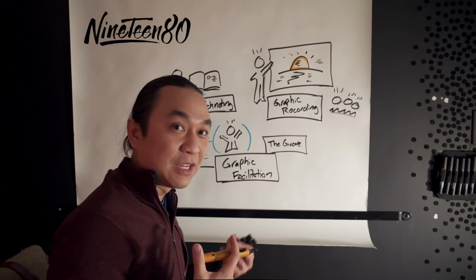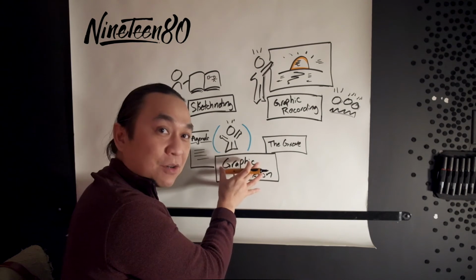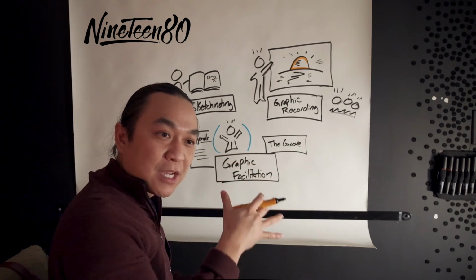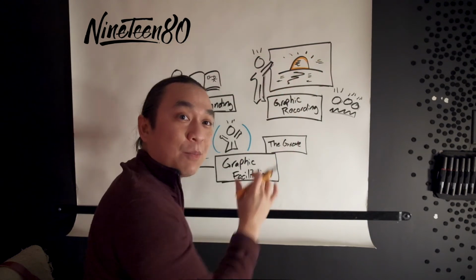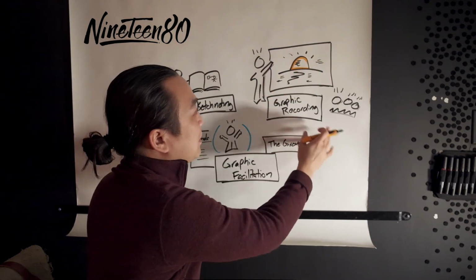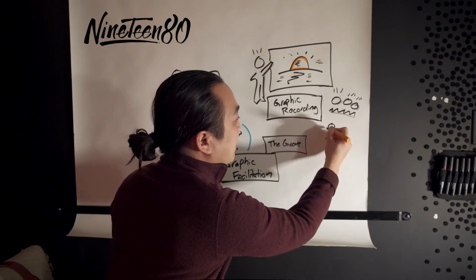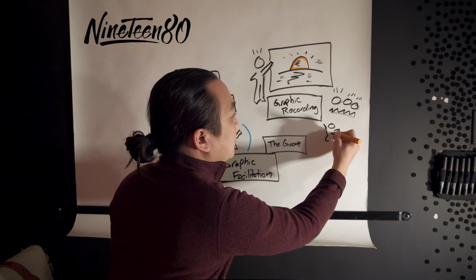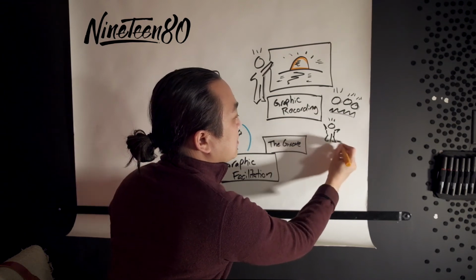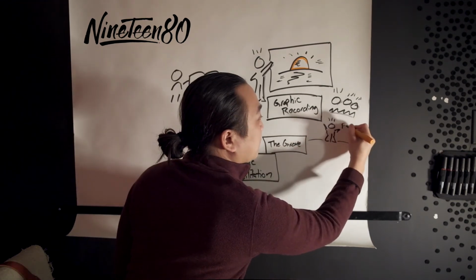But I'm actually a really good facilitator. I like running meetings, and so my preference is to do graphic facilitation, because if I can drive the conversation, I can drive the quality of this output here. Versus when you have another person doing the facilitation, that person controls it.